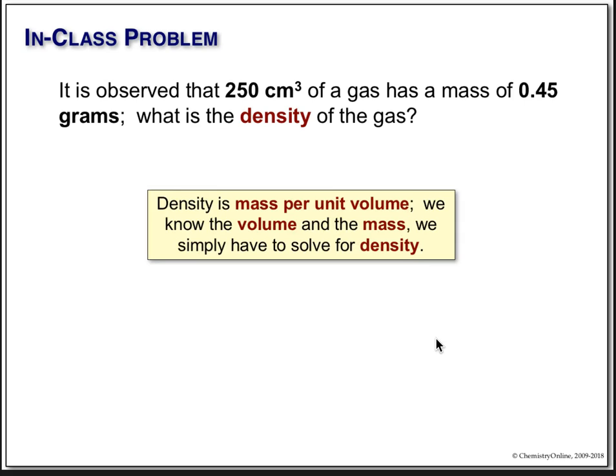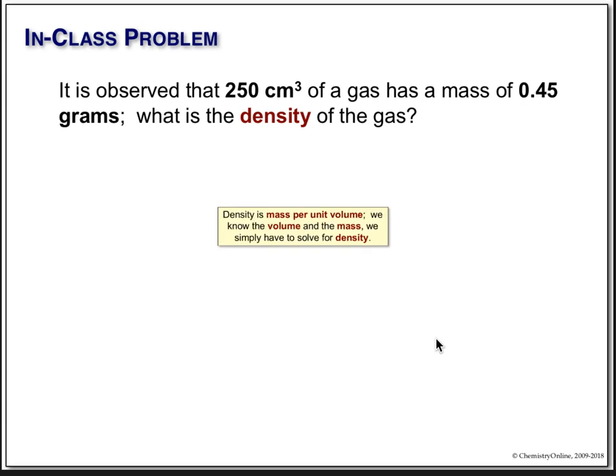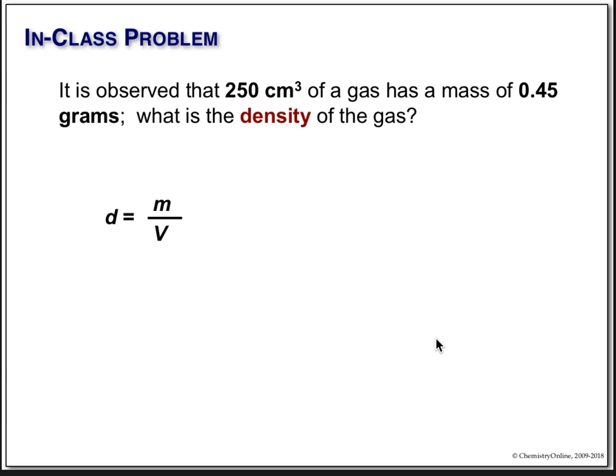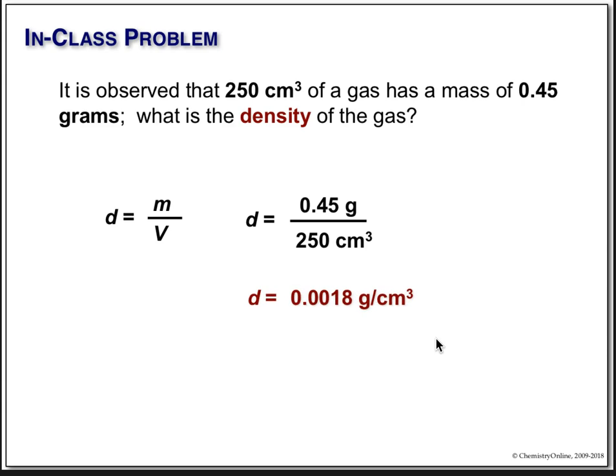We are given a mass and we are given a volume. All we have to do is set up the ratio. Mass divided by volume. Our mass is 0.45 grams. Our volume is 250 cubic centimeters. Do our simple math. And our units are grams divided by cubic centimeters.